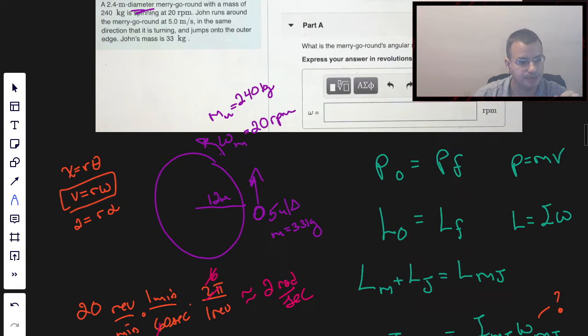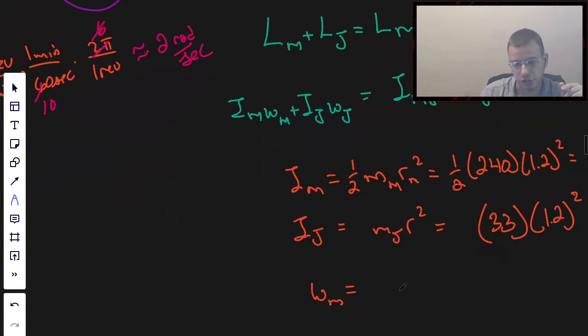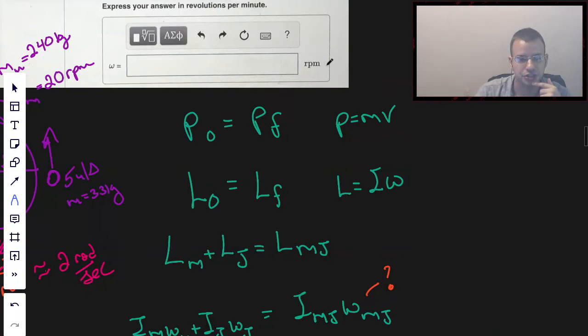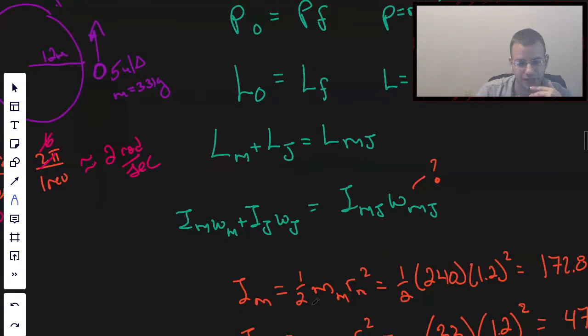So it's spinning at 20 RPMs. I'm going to stick with RPMs because we want the answer in RPMs, so we might not need to convert it.